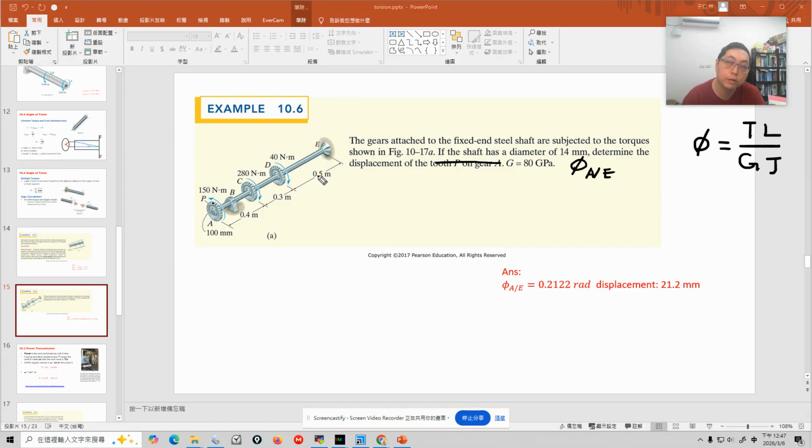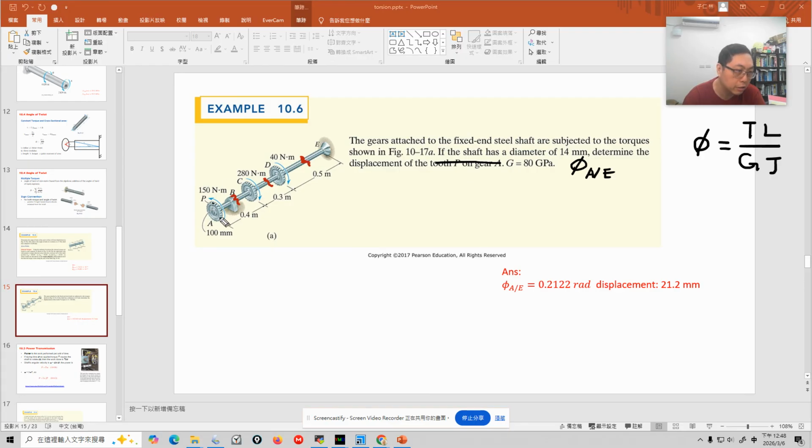In the previous example we said that if your shaft is subject to multiple torsional loads, these loads will generate internal torques. For example, here and here and here there will be an internal torque.